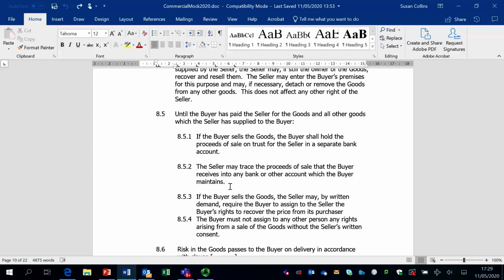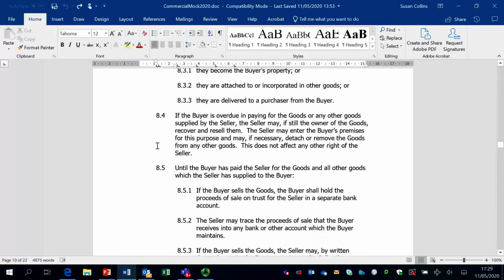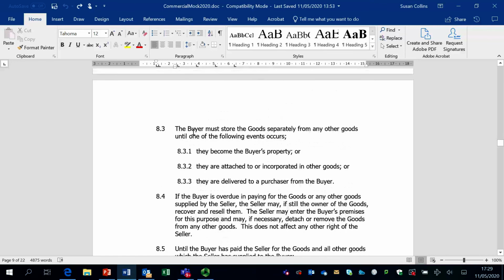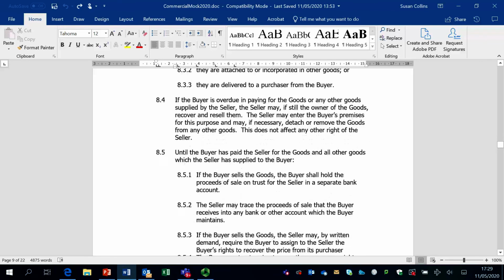That's the first bit then. Then in relation to those that were fitted to cars, the question will be if they're detachable. You are allowed to detach goods. Look here under 8.4, it talks about the right of entry, but also the right to detach or remove the goods. So that would be something to think about there. You also need to check, of course, that the goods are identifiable.